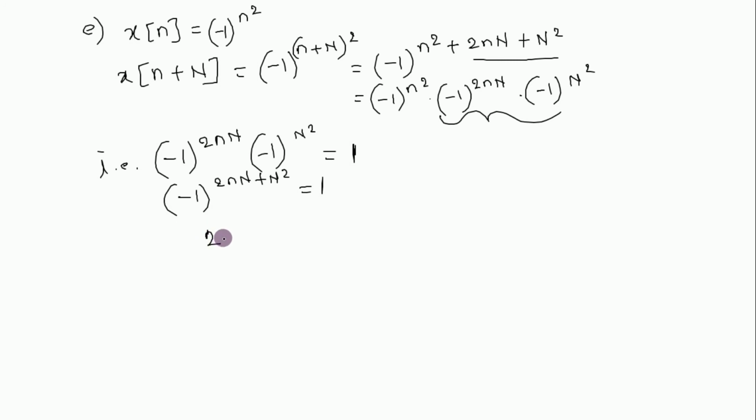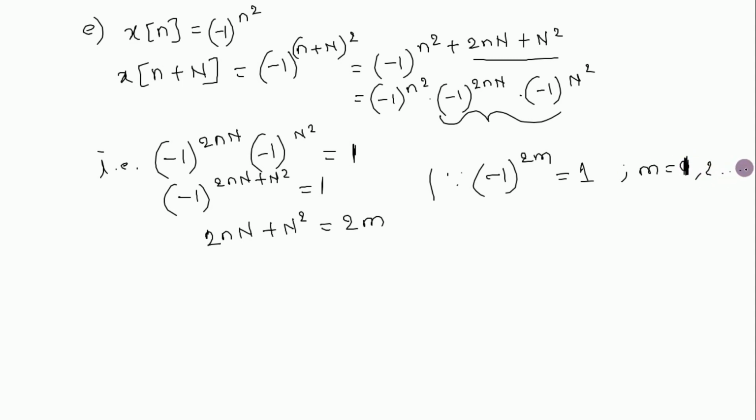So 2nN plus N square should be equal to 2m, because minus 1 raised to 2m is always 1 if m is a natural number starting from 1, 2, like that. So hence I'm equating it to 2m. I'll consider it as equation 1.